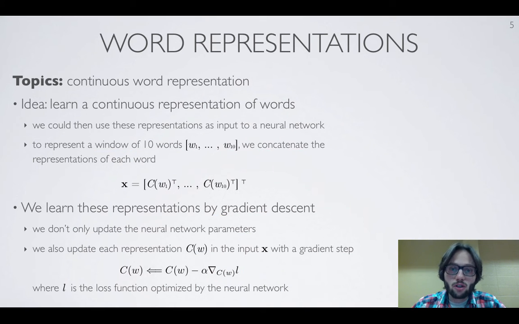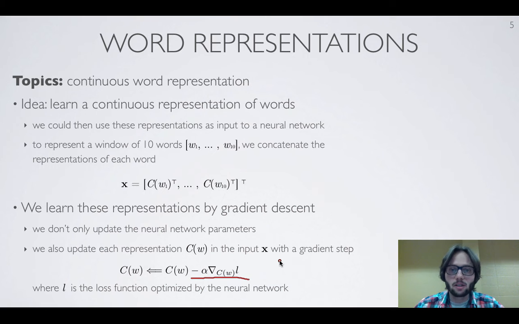So to sum up the procedure for learning these word representations, we would first initialize all the word vectors randomly in some way, much like the parameters of the neural network. And then every time we would feed a representation as part of the input of the neural net, then during backpropagation, we would backpropagate the gradient towards the word representation, and then we would update the word representation also based on the standard stochastic gradient descent rule.